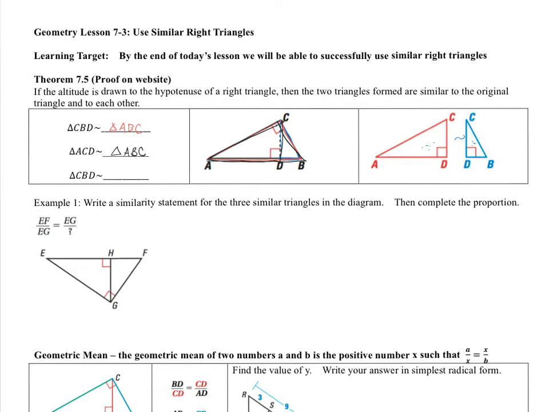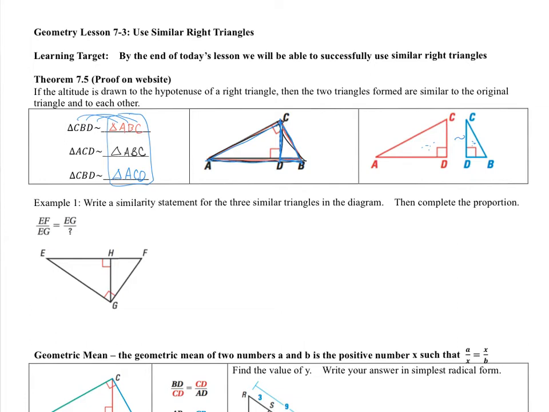And triangle CBD is going to be similar to triangle ACD. And the order of these letters does matter. These letters have to correspond to the right angles.